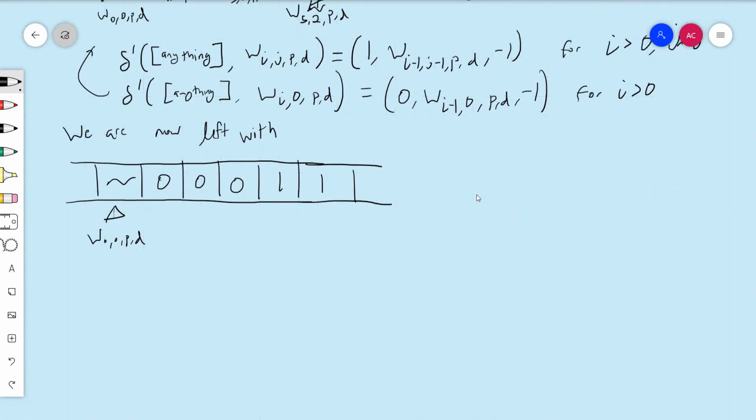So step 3, moving the cursor. Obviously, I'm moving the cursor this whole time, but from the perspective of simulating one step, I haven't moved the cursor yet at all. So if d equals 1, what do we want to do?